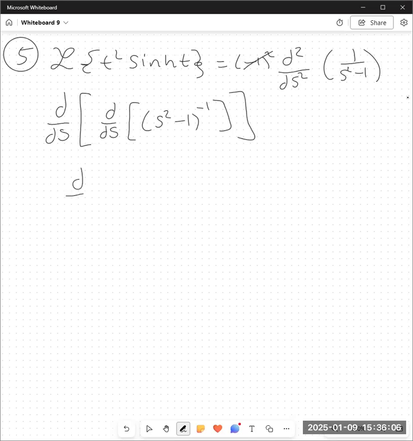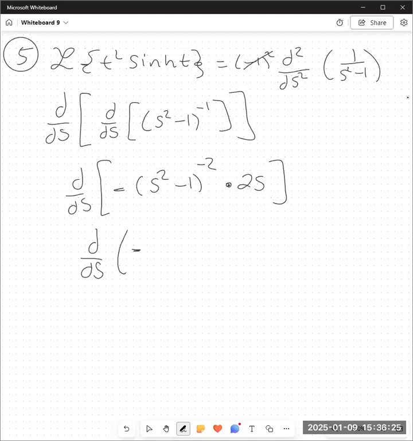That's the derivative of negative s squared minus 1 to the negative second times 2s, which would be the derivative with respect to s of negative 2s over s squared minus 1 squared.